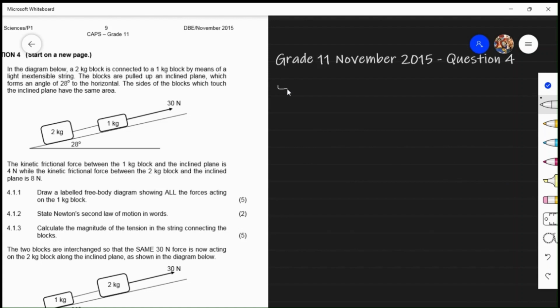So we have question 4.1.1. This is our object, our 1 kg block. I'm going to include the incline so it makes it easier for me to draw my forces.